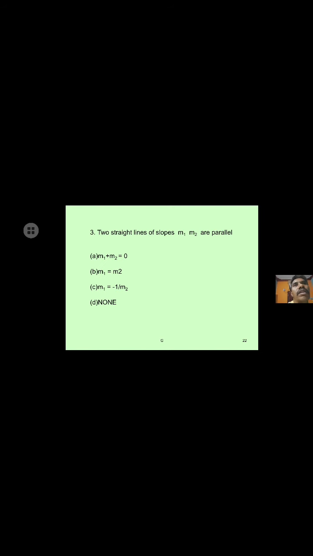Here a is 3 and b is 4, so m equals minus 3 by 4. Suppose the slope of the first equation is m1, so m1 equals minus 3 by 4. Now come to the second equation's slope. Same formula, minus a by b, because it is also an equation we can compare with the general equation.